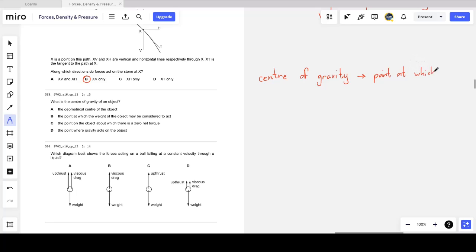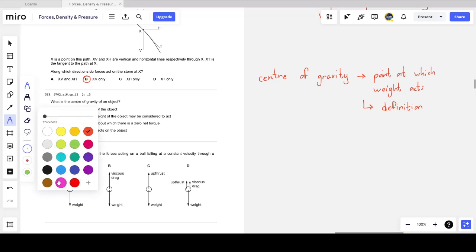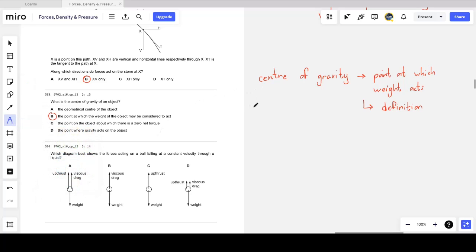So I'm going to lazily say it's the point at which weight acts. Weight is a vector. The vector acts at this point, and this is by definition. So you're not going to get this one wrong. And this corresponds with option B, point at which weight of the object may be considered to act. Or at least you shouldn't get this one wrong.